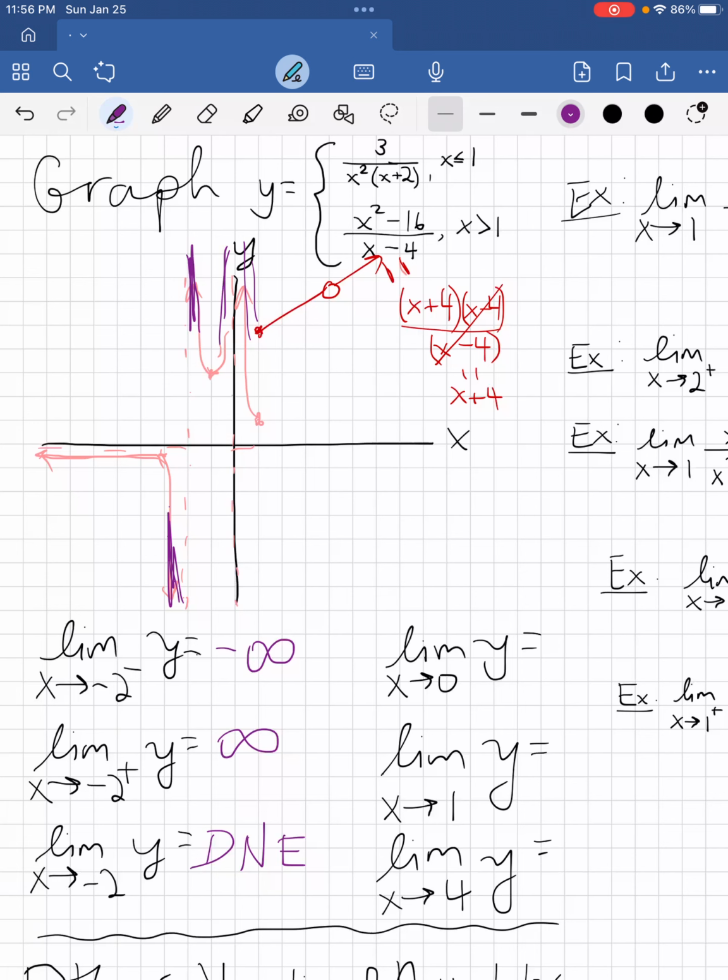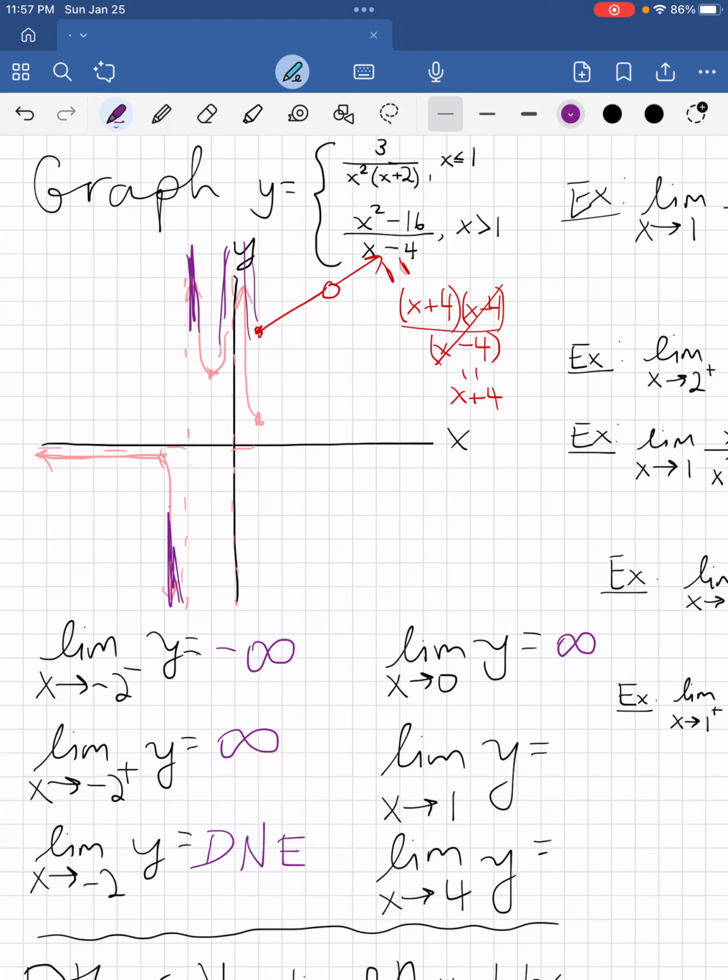So in that case, since both of the limits are approaching +infinity, that's what we write. But note, they had to be the same sign infinity for me to say that. If they had approached different infinities, like one approached -infinity, the other approached positive, I would have had to say does not exist, like I did with the limit as x approaches -2.